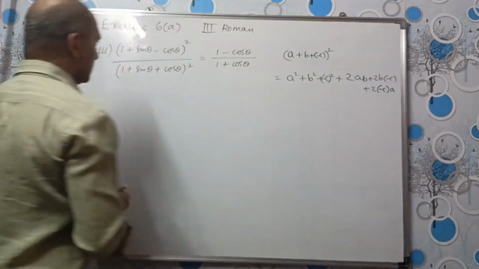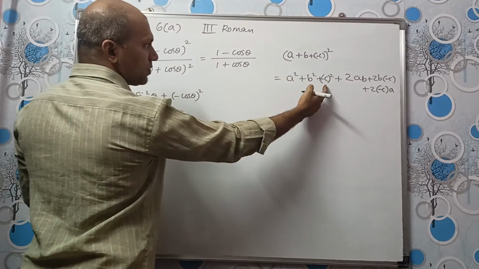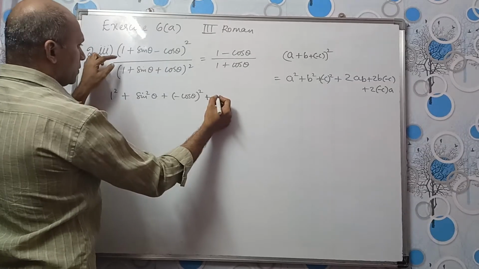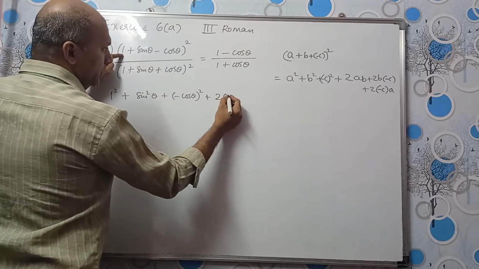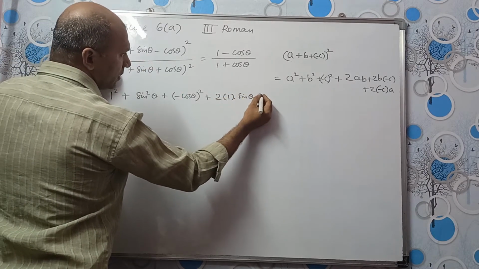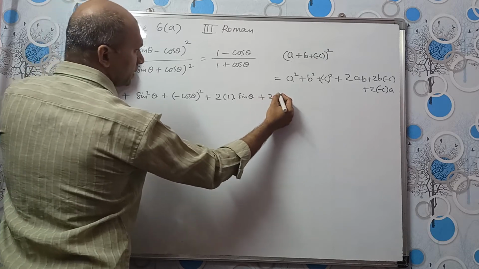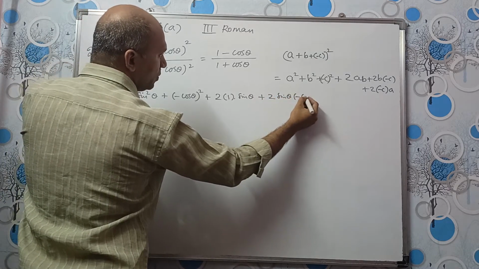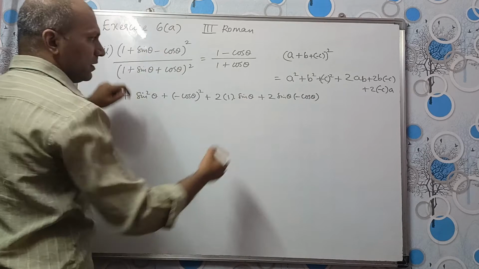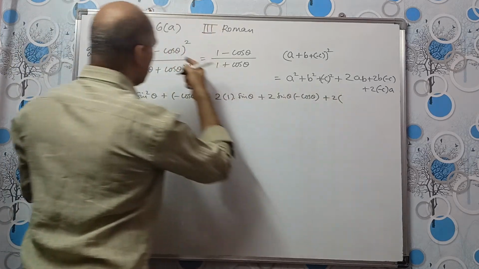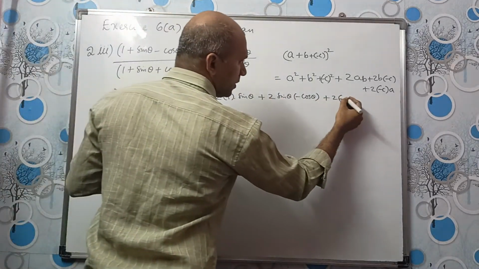Okay. Now, let us expand this. So this is a square, 1 square, plus sin square, plus minus cos theta whole square, that is minus c square, plus 2ab, 2 into 1 into sin, plus 2bc, that is 2 into sin into minus cos, plus 2 into minus cos into 1.